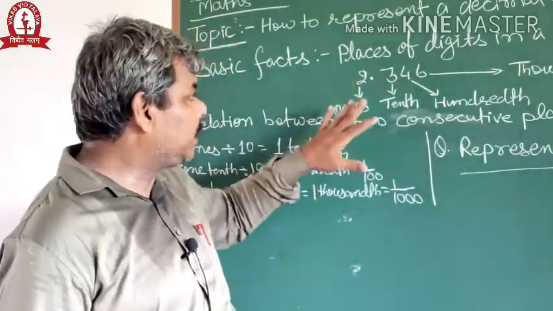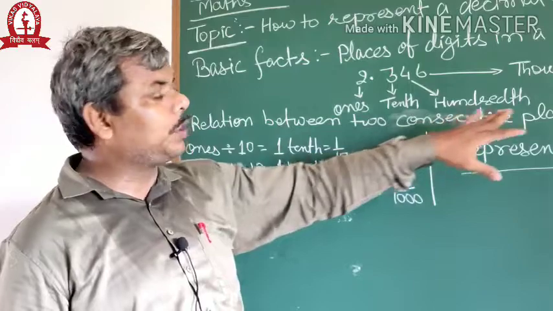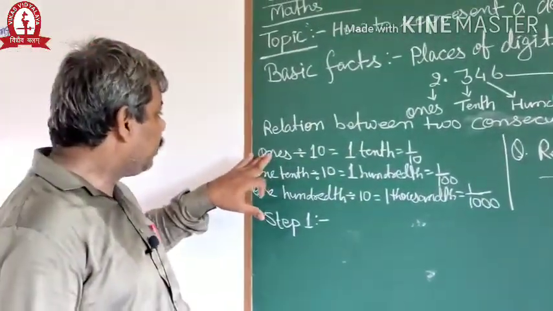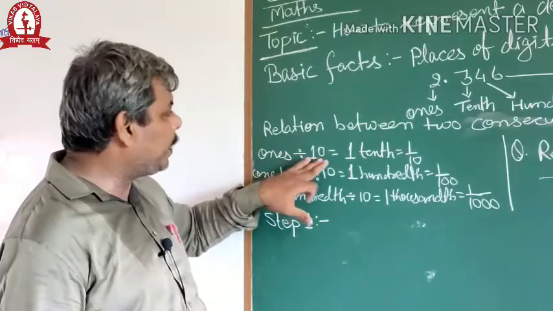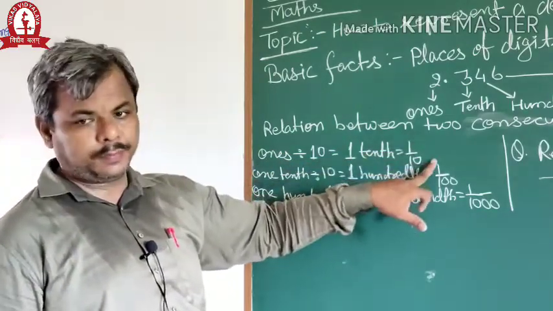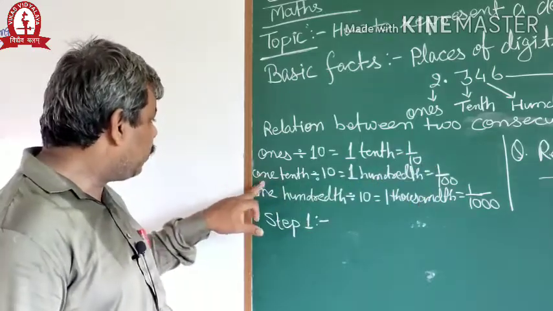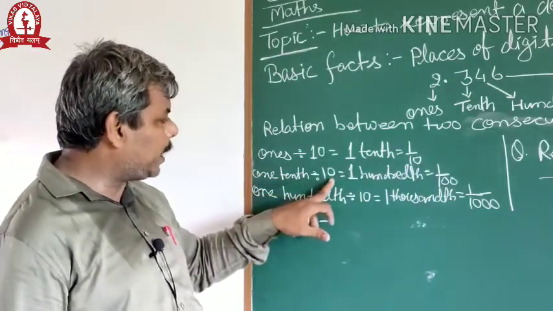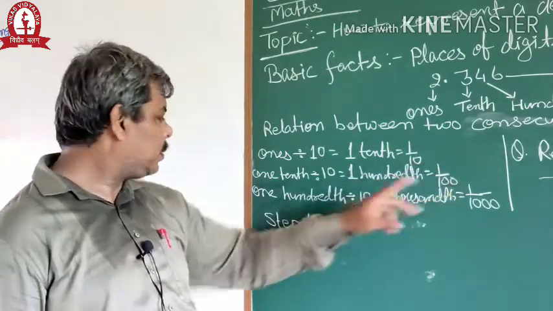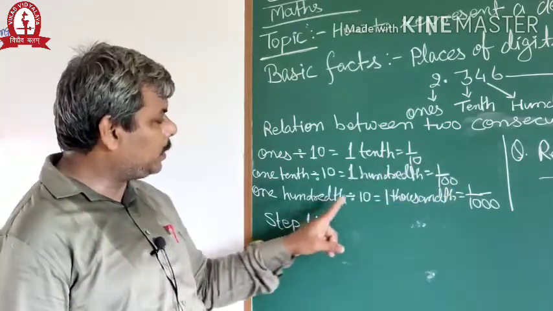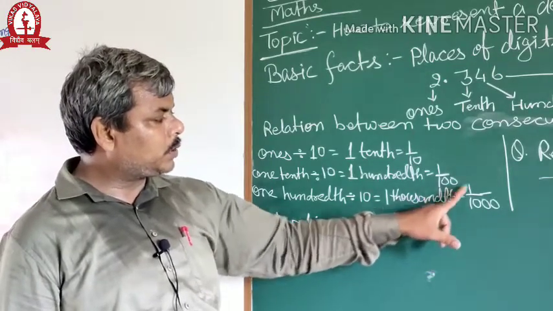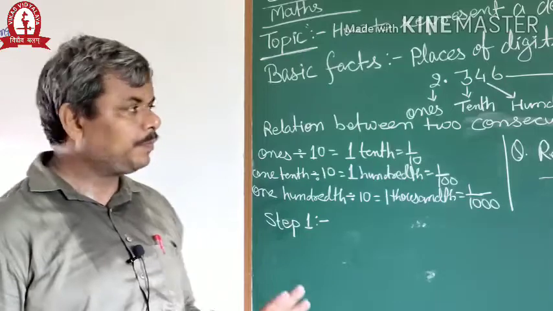What are the relations between two consecutive places? Here, see, ones divided by 10 is equals to 1/10, means 1 by 10. 1/10 divided by 10 is equals to 100th, equals to 1 by 100. 100th divided by 10 is equals to 1000th, equals to 1 by 1000.